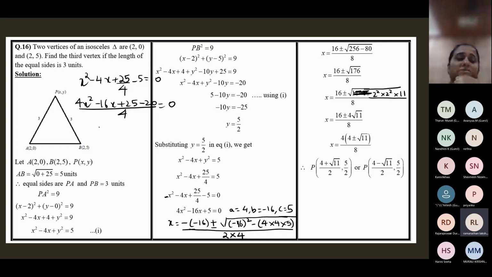Then, when you cross multiply, 4x square minus 16x plus 25 minus 20 plus 5 is equal to 0. Correct. Very good, Ram. So after this step, I've written this equation straight away: 4x square minus 16x plus 5 is equal to 0. These are the steps. It's just about taking LCM and cross multiplying.